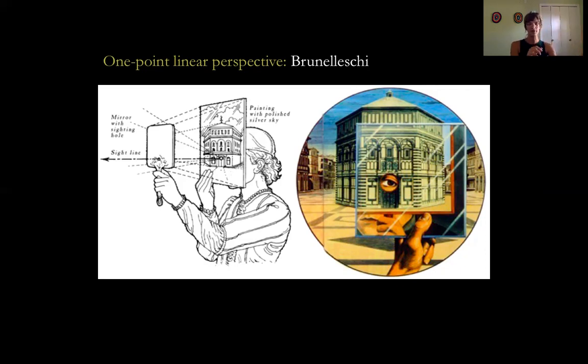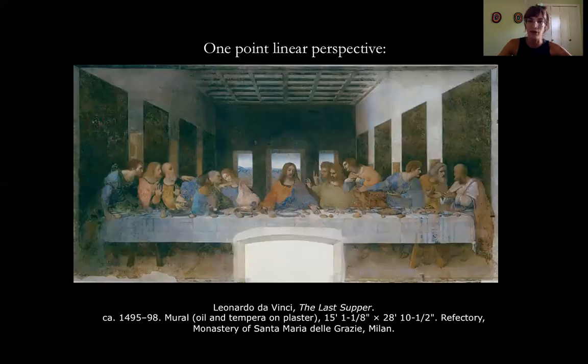Then he moved the painting so he could actually see the baptistry, and would place the mirror back in front so he could see his painting versus reality. He used this experiment to create the system we now call 1-point linear perspective, using orthogonals, lines in the landscape that draw the viewer's eye back to a converging vanishing point. And again, this is covered in a video that you will find in this unit's material as well.